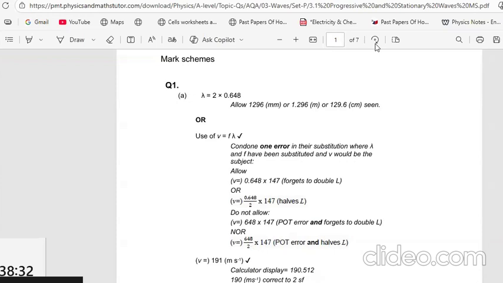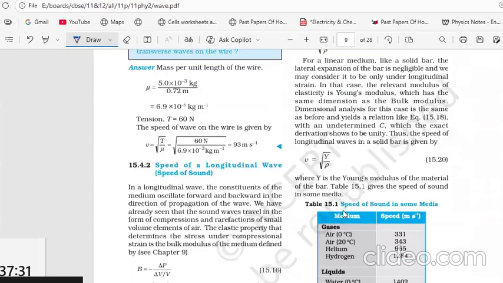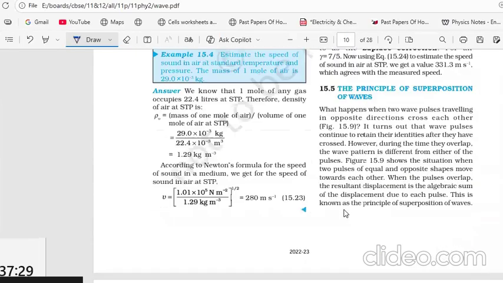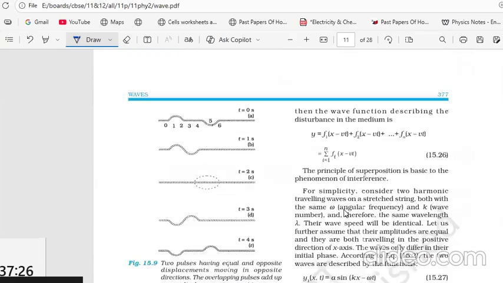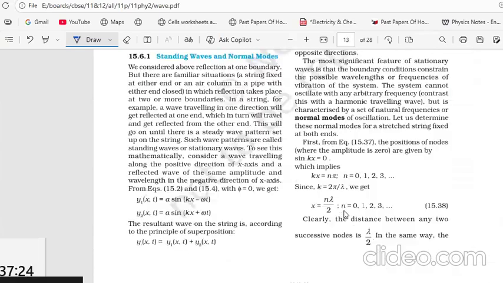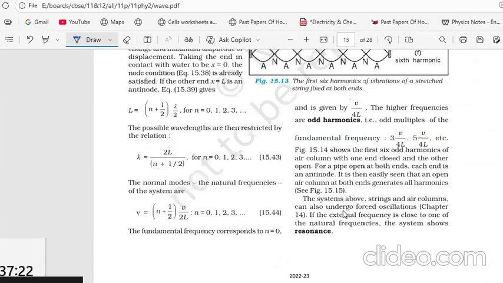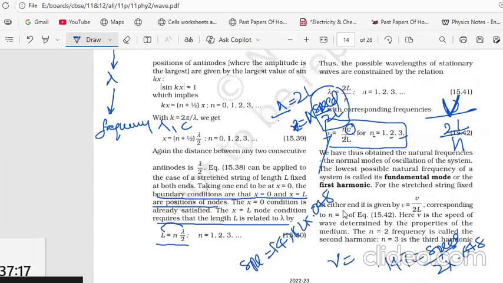Okay, so now the next thing. One thing is clear. This formula is giving you, first the end condition gives you lambda, gives you frequency, but it requires the speed. Now the speed is not dependent on the oscillator frequency, the speed is according to material properties.